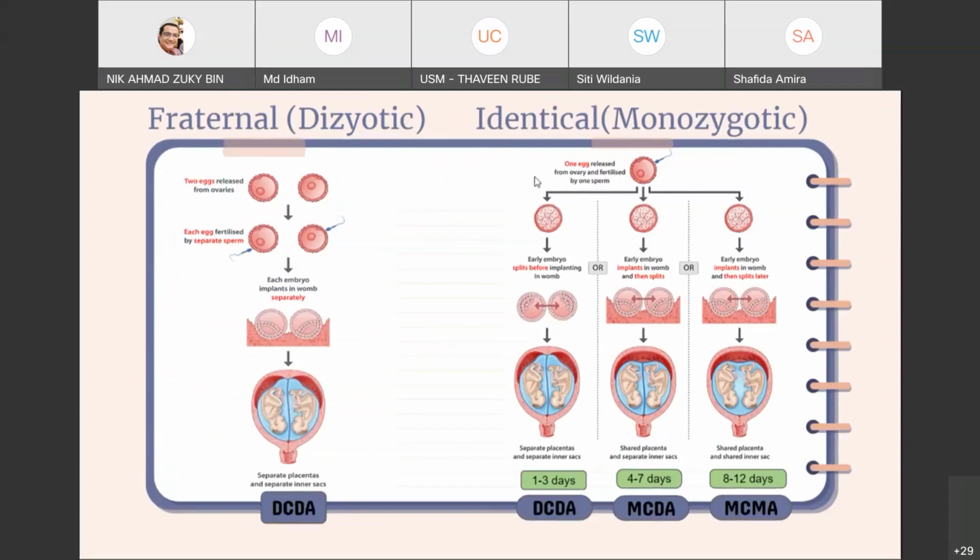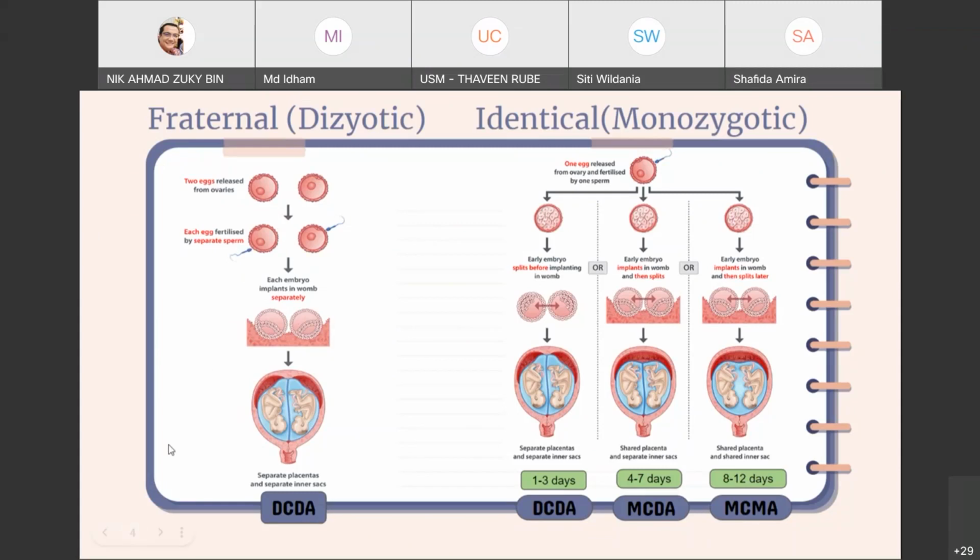All right. So there are two types of zygosity, which is fraternal and identical, which is dizygotic and monozygotic. You can see here, dizygotic, where two eggs are released from the ovary, and each egg will be fertilized by a separate sperm, means two eggs with two sperm, and each embryo implants in the womb separately.